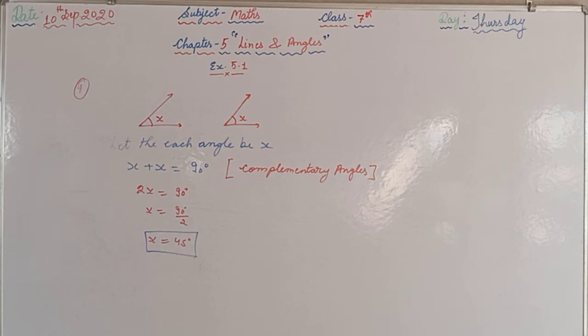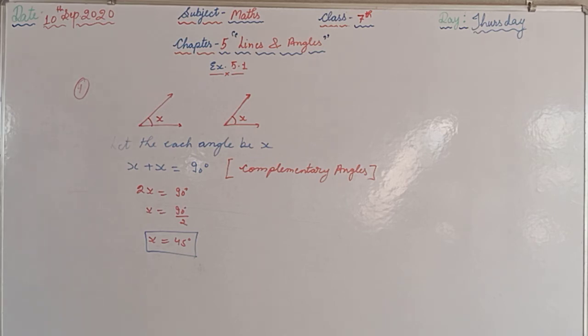Now question number 6, in the given figure angle 1 and angle 2 are supplementary angles. The figure is given next to the question. If angle 1 is decreased, what change should take place in angle 2?